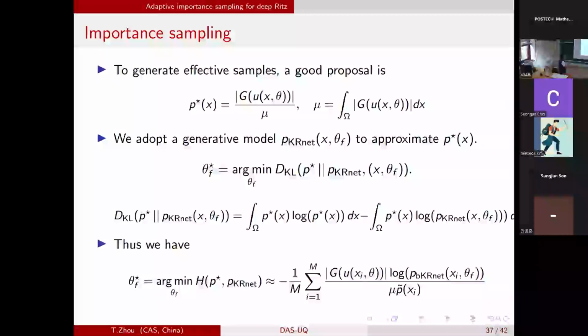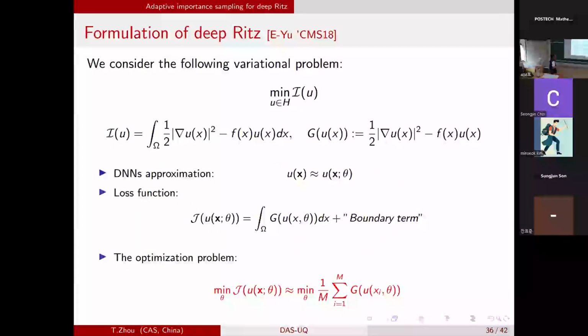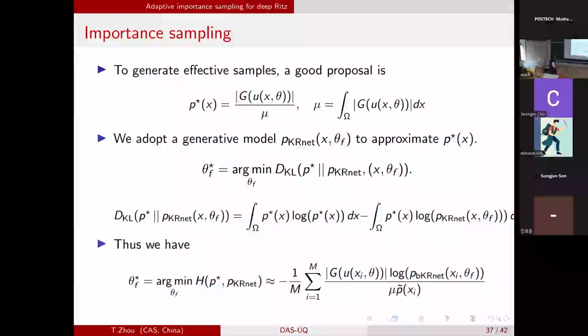Actually, you don't know which one is the best approximation. In the residual case, you can define the so-called optimal density. But for this type of functional, a good proposal is like this, or you can define this square.